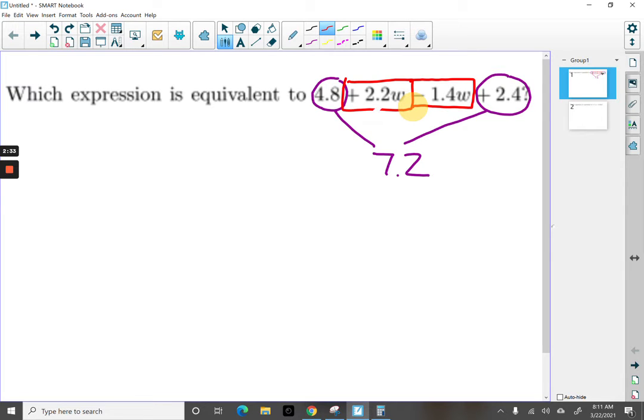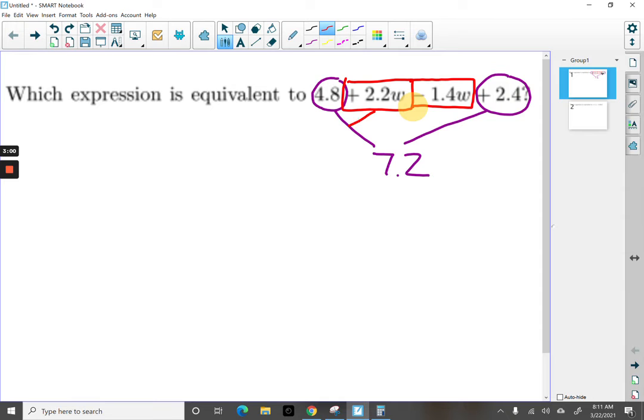So we have a couple options here. We could say this is a 2.2 minus 1.4, or we can treat this like a 2.2 plus a negative 1.4. It's up to you which of those you want to do, because remember, adding a negative is the same thing as subtracting a positive. I'm going to treat that like a negative here since it's going to make this problem a lot easier.